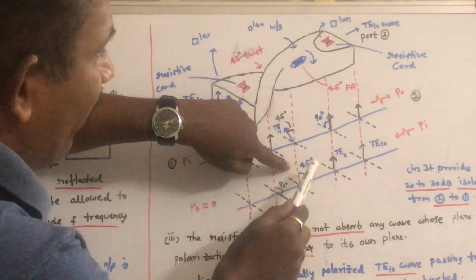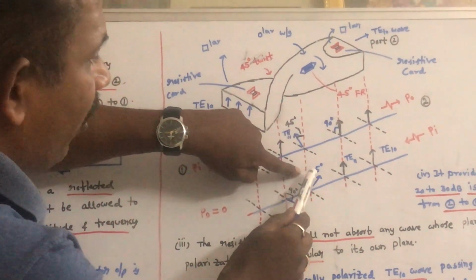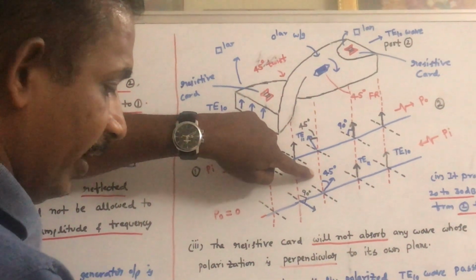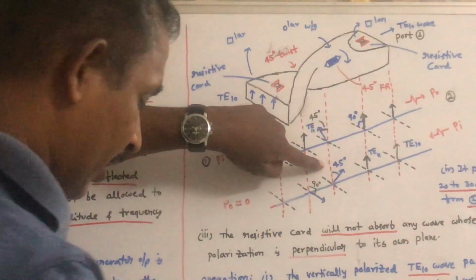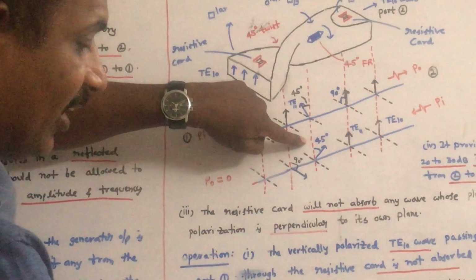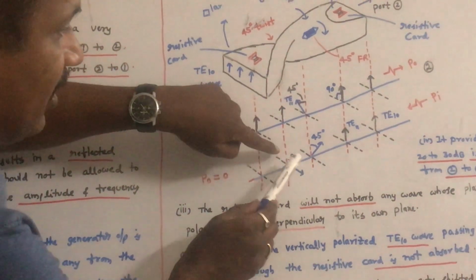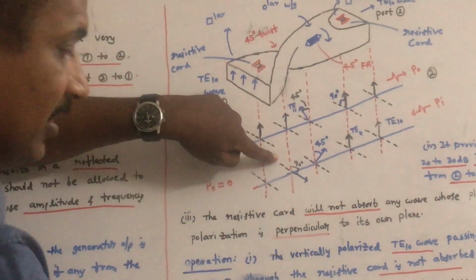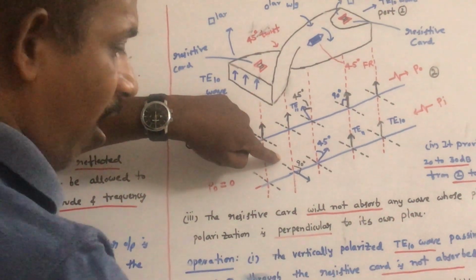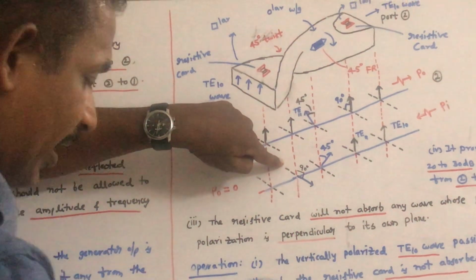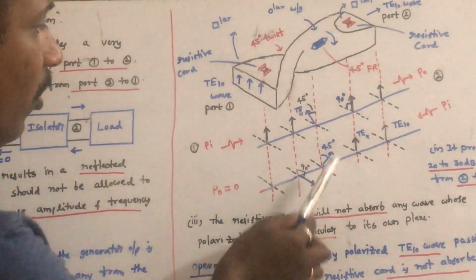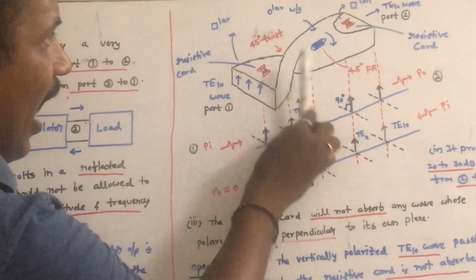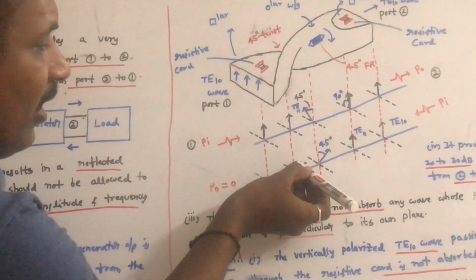This wave, when coming out of the ferrite rod, gets rotated by 45 degrees in clockwise direction, and further gets rotated by 45 degrees in clockwise direction by the twist in the waveguide. So therefore this ferrite rod provides 45 degrees and this twist provides another 45 degrees.